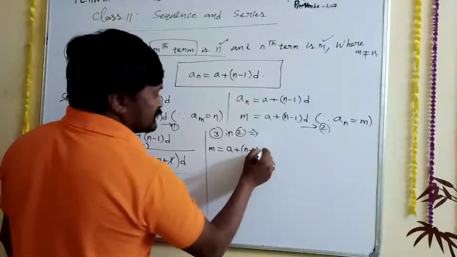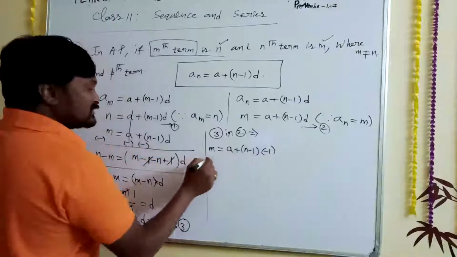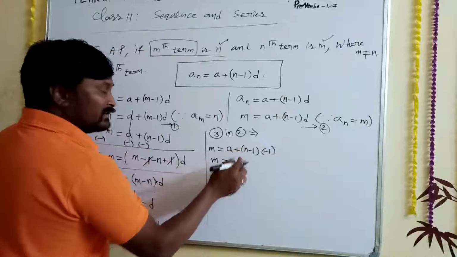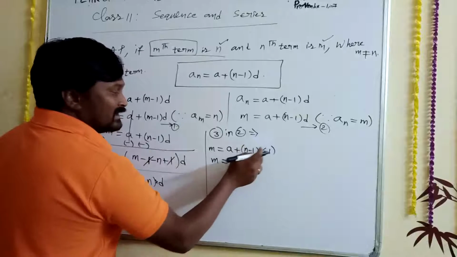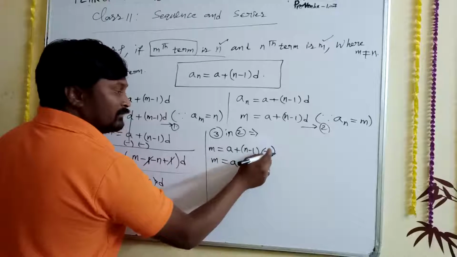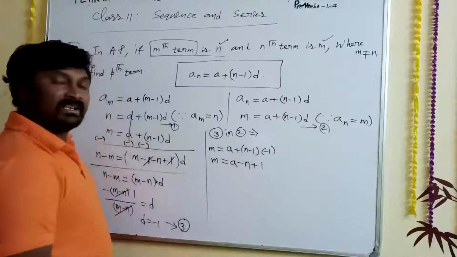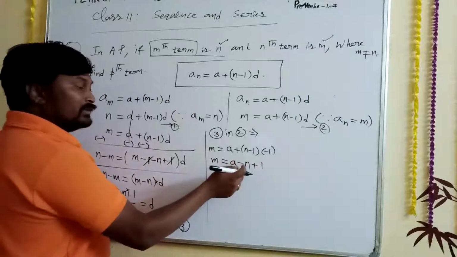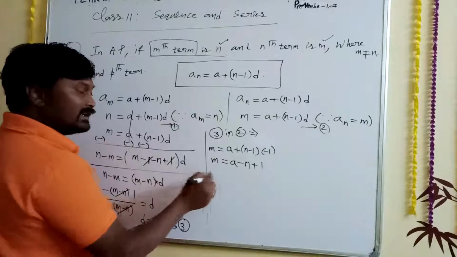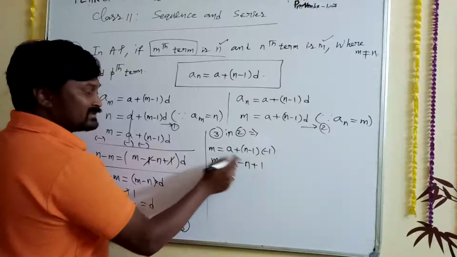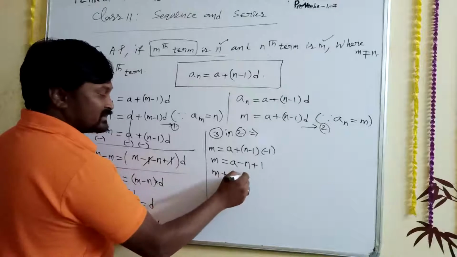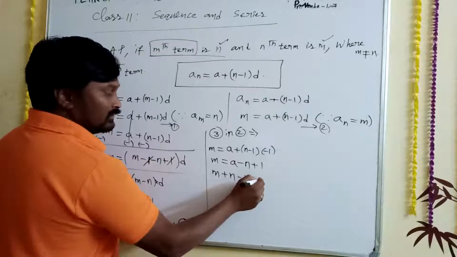So now I am substituting minus 1 here. So m is equal to a minus 1 into n minus 1, that is minus n plus 1. Clear up to here. So now I want which value? The a value. Then the remaining two terms send here. So m minus n comes to here plus n. So plus 1 comes to here minus 1 is equal to a.